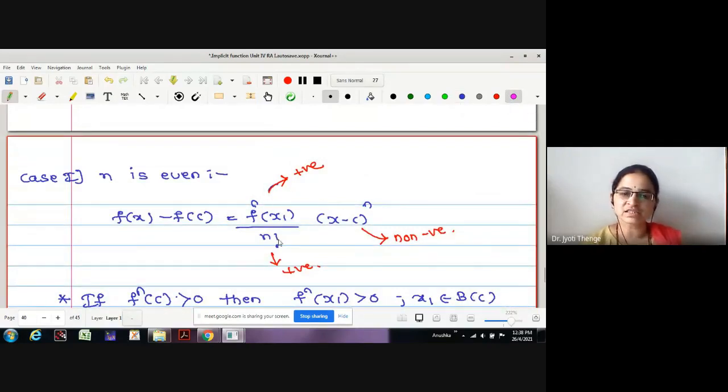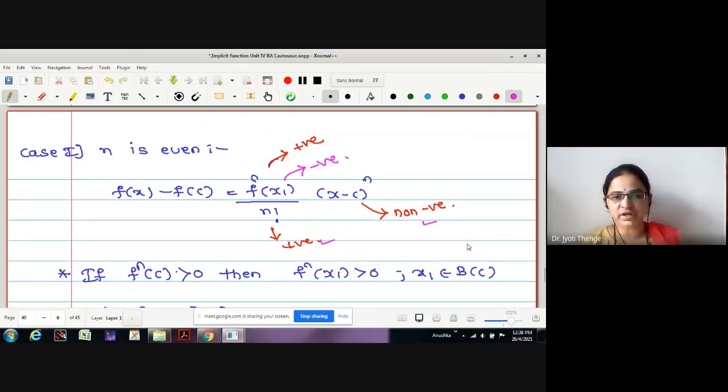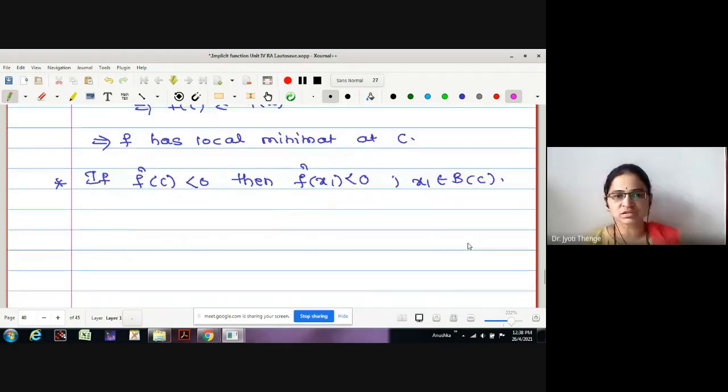These two remain as they are, positive and non-negative. Now this we are changing to negative. Therefore, what is the resultant? Negative, positive, non-negative. Negative over positive gives negative. Negative into non-negative gives non-positive, that is, less than or equal to 0.